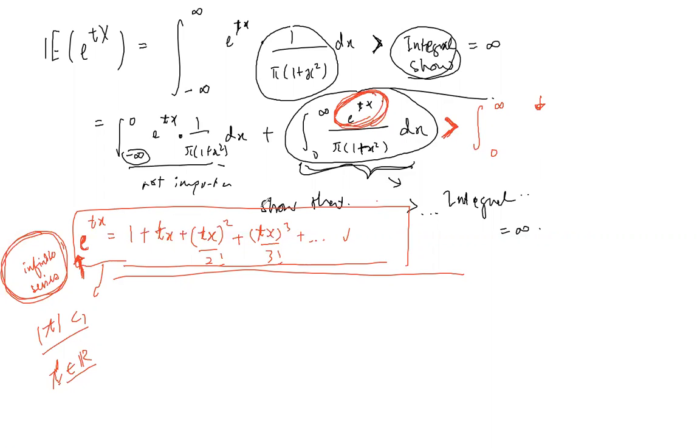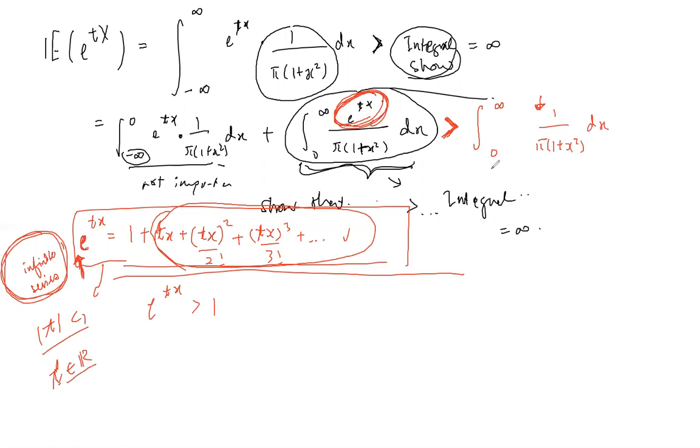Is it okay that we choose 1? Because it's greater than 1 over pi times 1 plus x squared. Okay, let's try that. You're saying that this is greater than 1, right? Of course it's greater than 1 because you got these terms here, and these are all positive. So definitely larger than 1.